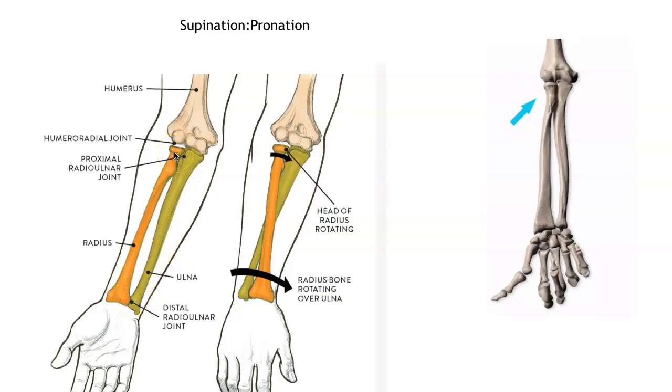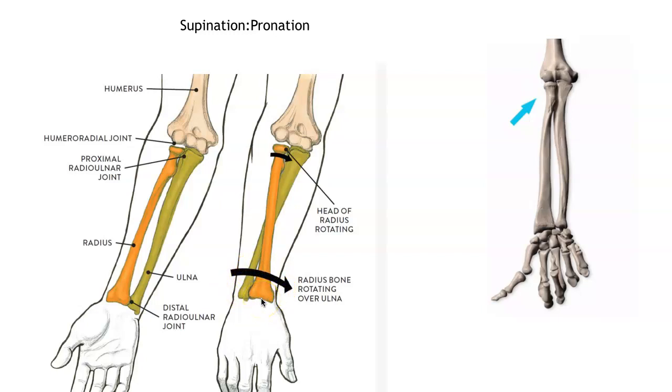Now, go ahead and turn your forearm over. When you turn that forearm over, this is called pronation. So what happens? The head of the radius is rotating right up here, and the radius is now crossing over the ulna.